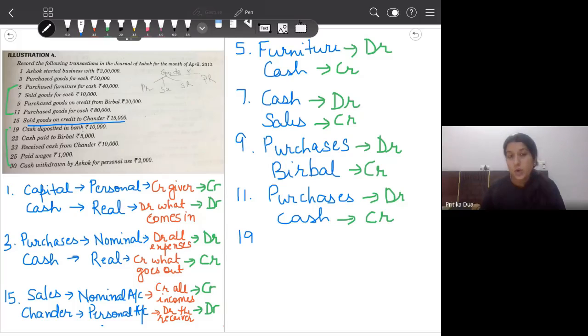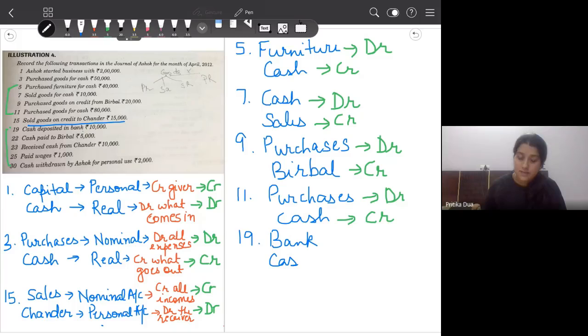So there are two accounts involved here. One is the bank account and the other is the cash account. So as Karthik said, bank account will be debited, cash account will be credited. So prior to that, just be very clear, bank account is a personal account, cash account is a real account.